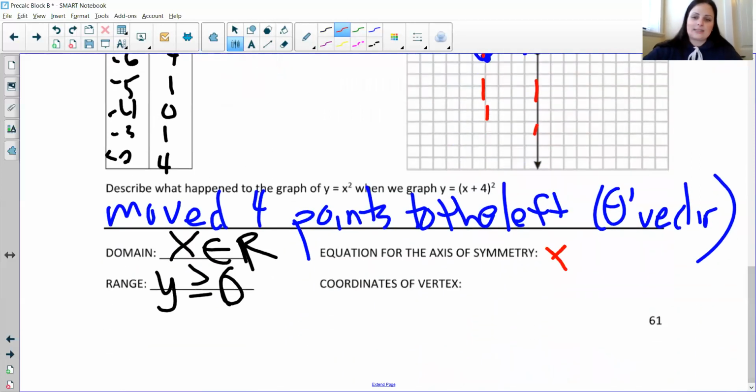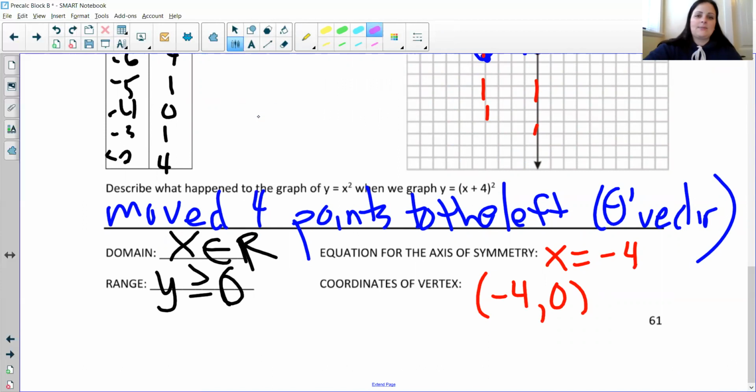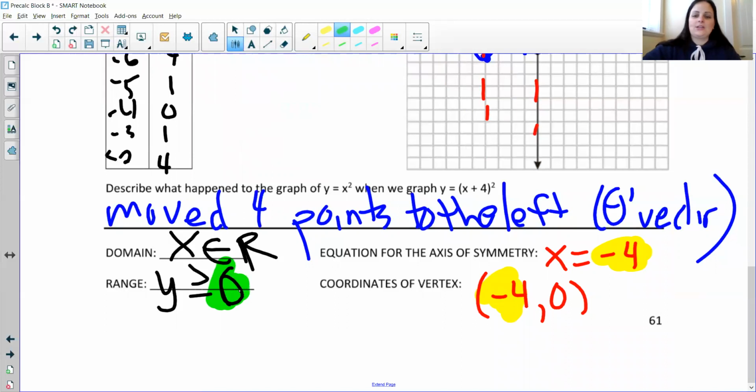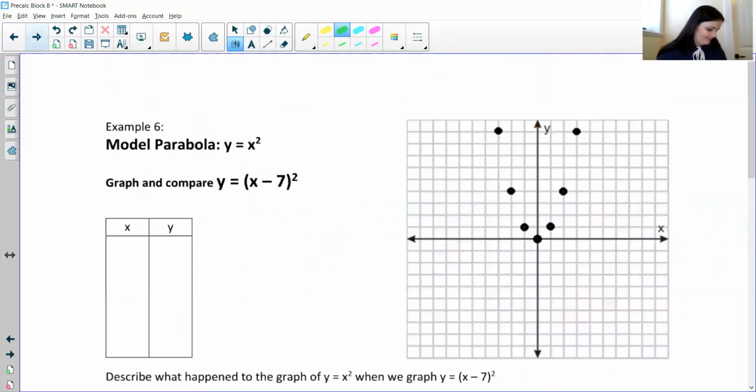So here it's x equals -4 because the coordinates of the vertex are -4, 0. So hopefully we're starting to see some patterns here. The axis of symmetry is the same as the vertex, and the value of the range is always there.